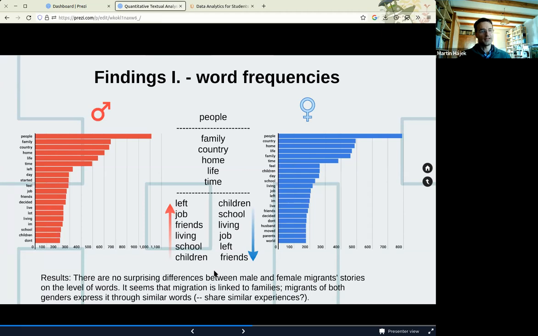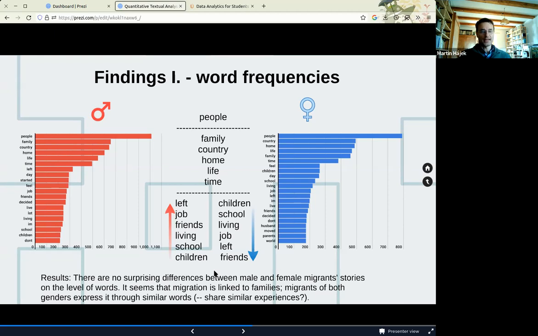They are quite similar, and if in the female sample there is a slightly higher frequency of family words, like family, children, school, it's just because women take care of children more often than male migrants. It's nothing that can surprise us. It's like in normal life. It's not only true for migrants.